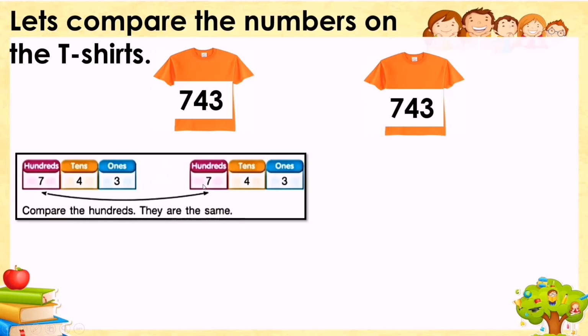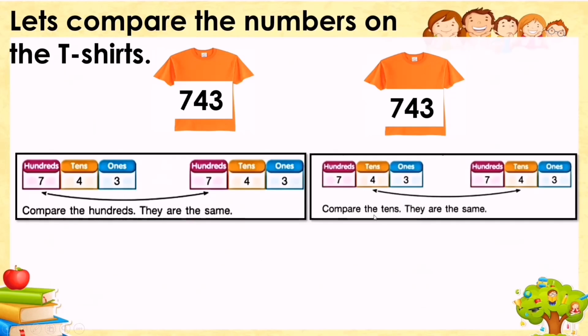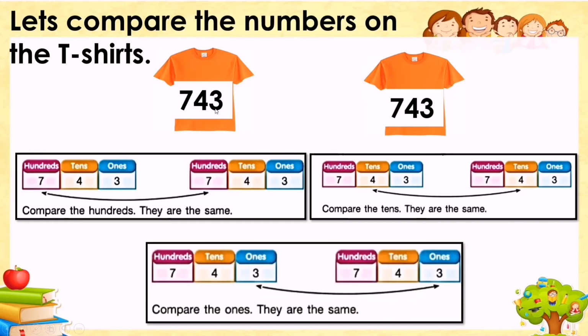Let's compare here to another number. Okay, so they are the same. Next, let's compare the tens also, which is the 4. Okay, so let's compare. Oh, they are the same. And let's compare the ones place, which is 3. Okay, so they are the same also.